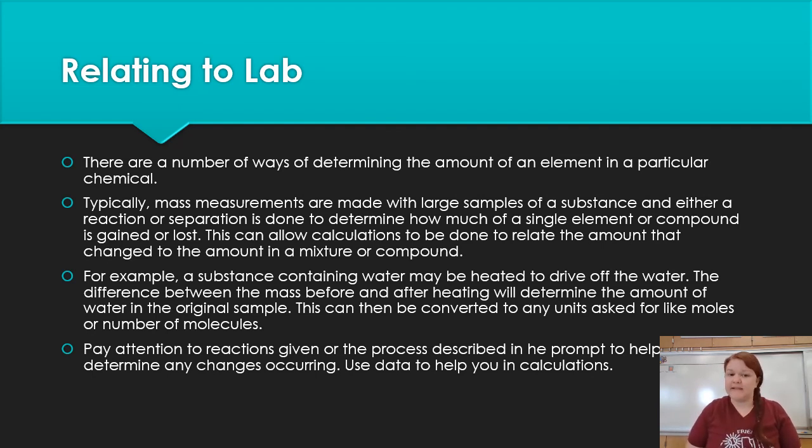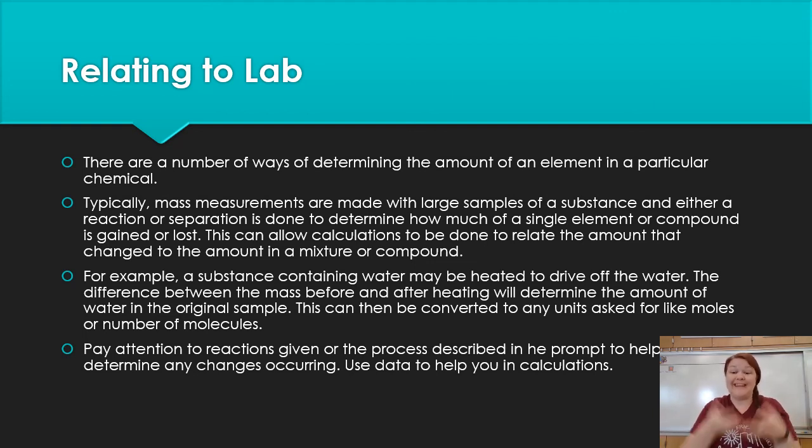Typically mass measurements are made with large samples of a substance, samples we can manipulate in the lab, and either a reaction or some sort of separation is done to determine how much of a single element or a single compound is gained or lost during that reaction. This can allow us to do calculations to relate the amount that changed to the amount in our mixture or compound. So for example, you have a substance that contains water.